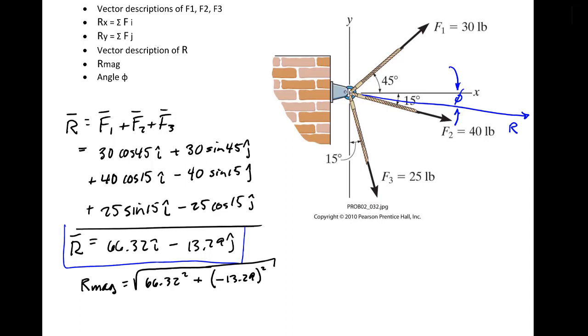In other words, understand that when you square a negative number, it will be a positive number. So you square those two values, and you get that this is equal to 66.6 pounds.